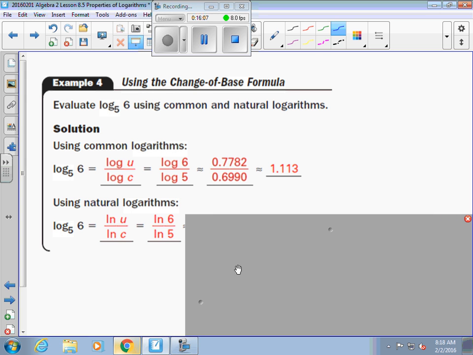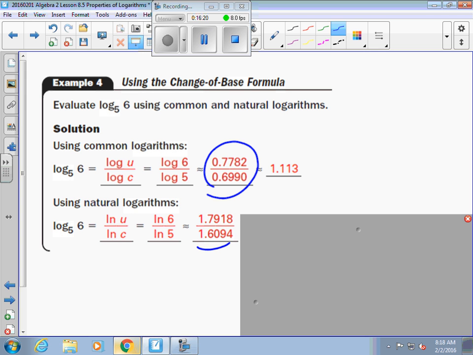So what that is, the natural log of 6. Again, the big number is the top. The base is the bottom, the natural log of 5. Notice these two numbers are different. These two are not the same as these two. They're two very different numbers.